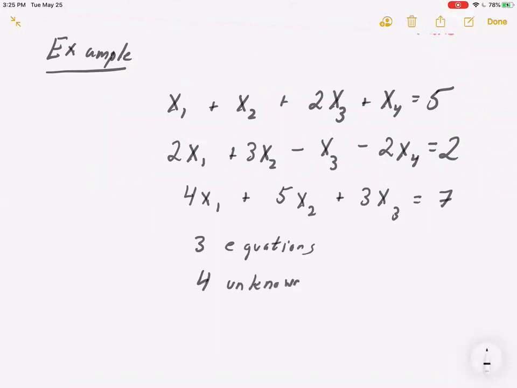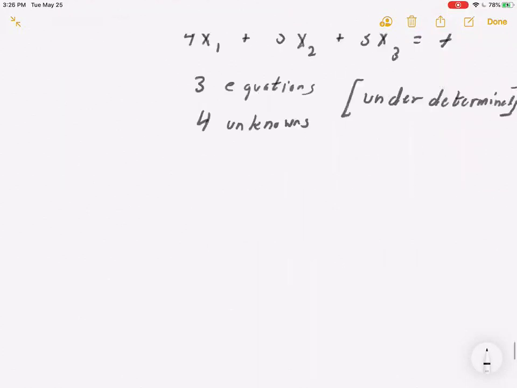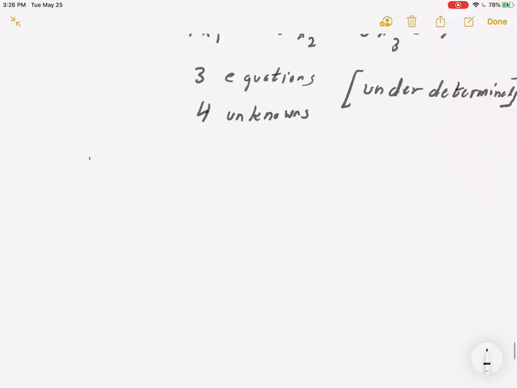This is an example of a problem that's said to be underdetermined. You have more unknowns than you have equations. So that's not going to stop us. Let's just try to see what we can get using Gauss-Jordan elimination.